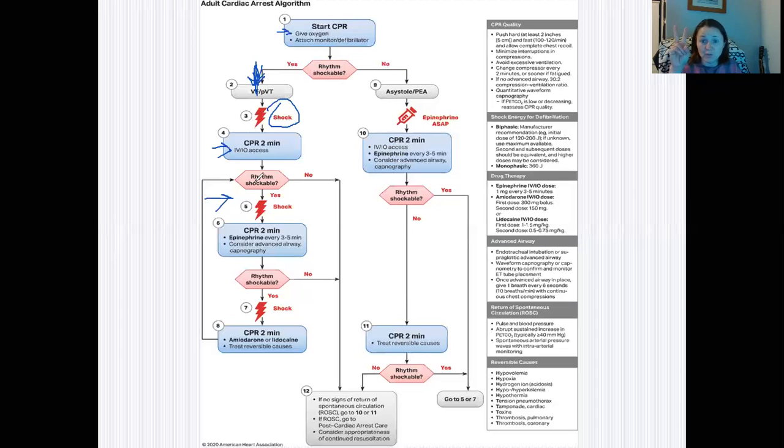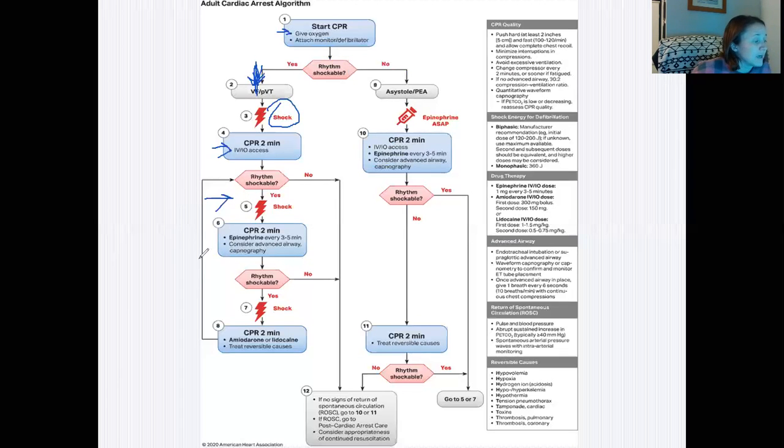You've got to switch every 2 minutes, assess the rhythm every 2 minutes, epinephrine every 3 to 5, keeping up with when you started the advanced airway, keeping up with if you have already given an antiarrhythmic. So that timekeeper and recorder is, I mean, they are the hero of the code. I'm not even gonna lie.